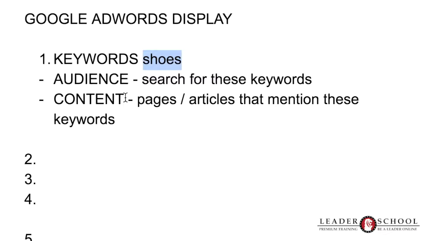So Google doesn't understand the context of the article. It just checks the keyword, and if the keyword is there, it puts your image ad next to that article. So be aware of this strategy. This is not always the right strategy for you. The audience is good, but it's not the right option for every kind of campaign.